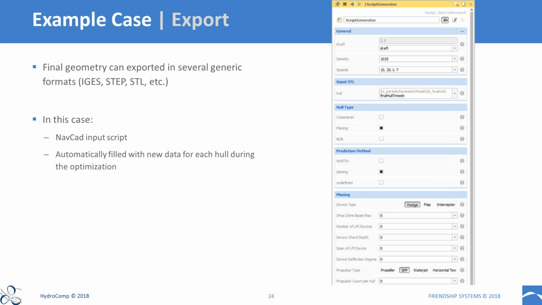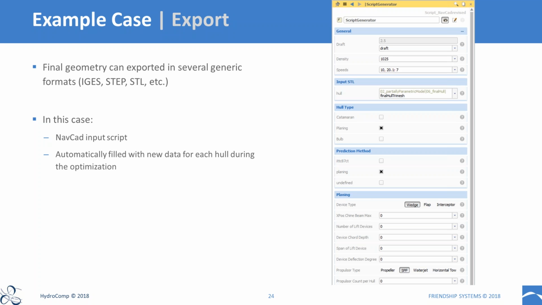So what you can see here on the right is the user interface of this customized export that we have written. And here you can fill in a couple of data that is necessary.